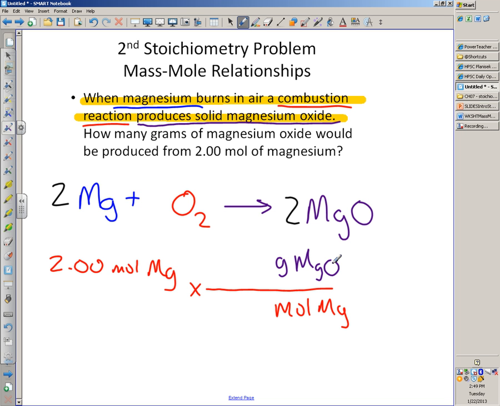When we talk about these coefficients, they are telling us the number of this atom to the number of that atom. Grams gives you a mass of that specific amount of stuff. If I have 1 mole of something and 1 mole of something else, is that the same thing?